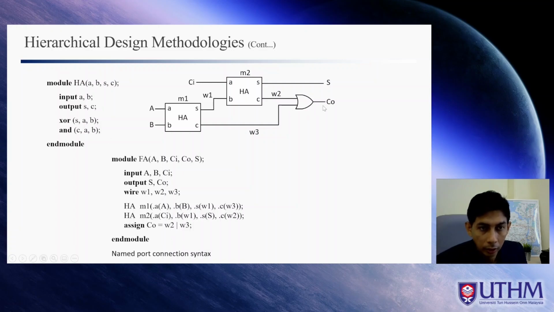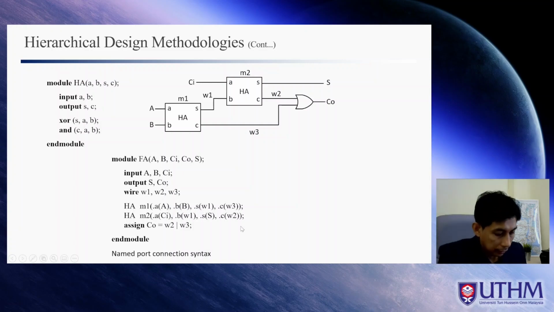This is or CO W2 W3, also the same, right? So this is a name port connection syntax, where if you use this, the order doesn't matter. You can have C first here and A at the back, doesn't matter.